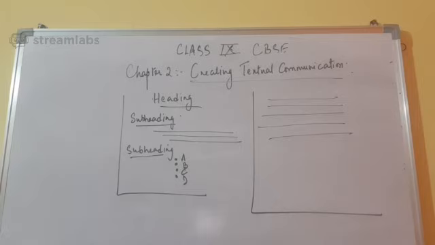Then you write the answers related to the question in some different ink. So making use of different inks makes the text interesting to read. Okay, in a similar way, that's also a kind of textual communication.